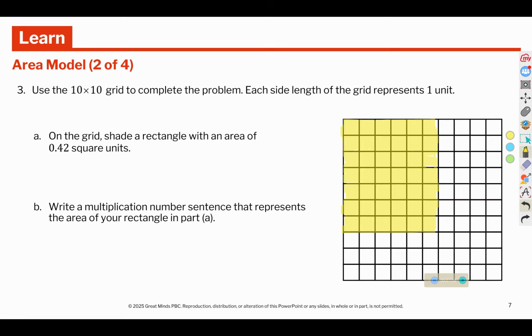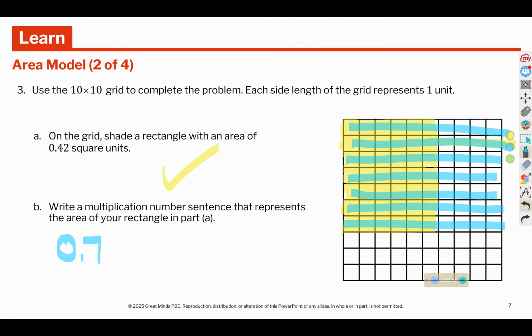So now we need to write the multiplication sentence. In this direction we have, 1, 2, 3, 4, 5, 6, 7 columns shaded.